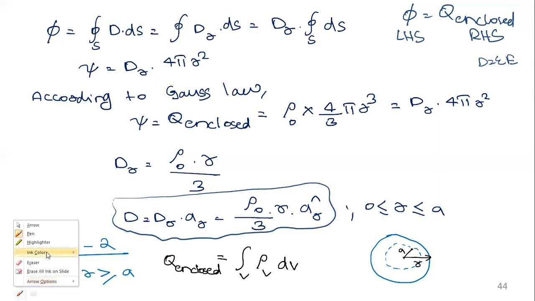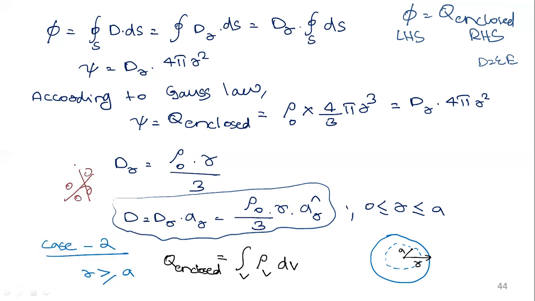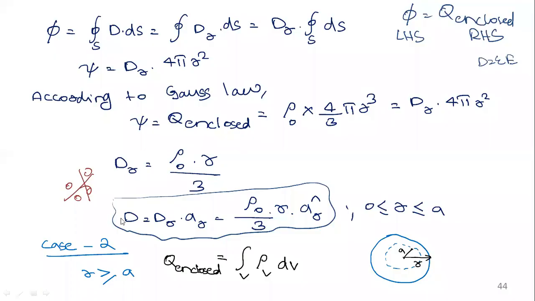So this is the case of a uniformly charged sphere. So we get D is equal to Dr into ar, which is rho 0 by 3 into r into ar. ar shows the direction. So that is one case when r is less than a.